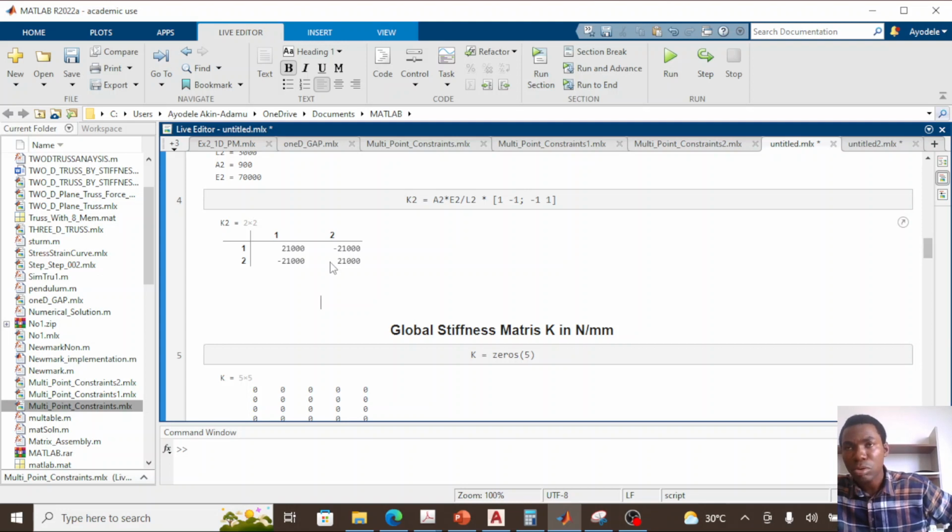K1 and K2 are the local stiffness matrices of our finite elements 1 and 2 respectively. Once we have defined these local stiffness matrices, we can now define our entire global stiffness matrix. As we always do, the first thing is to define a base matrix, which is a 0 matrix.